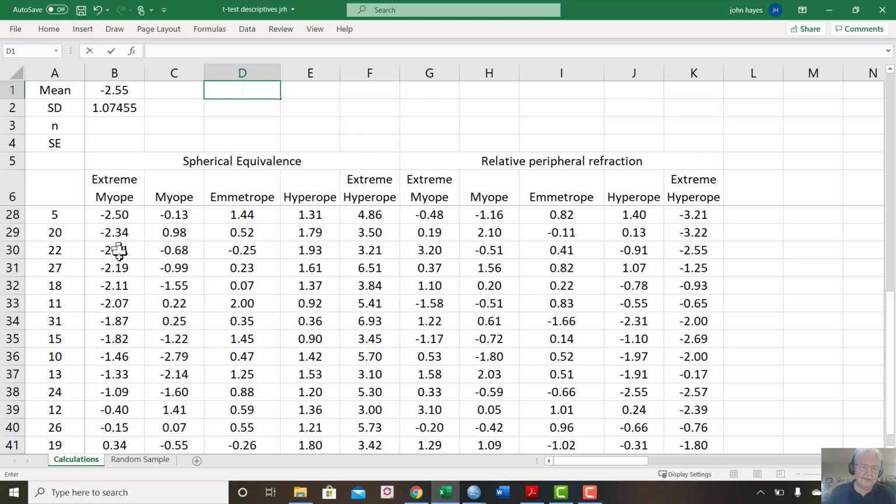You do that every time for all of these, 35 times, and then you divide that sum by n minus 1. You get the average, basically, of those deviations of each of these values from the mean. And you take the square root of that, and that gives you the standard deviation. If you don't take the square root, you get what's called the variance. So variance is the standard deviation squared.